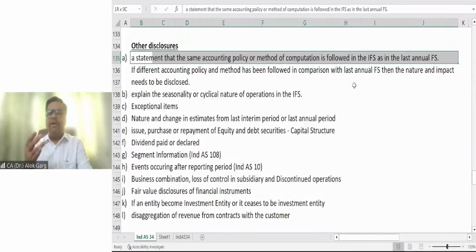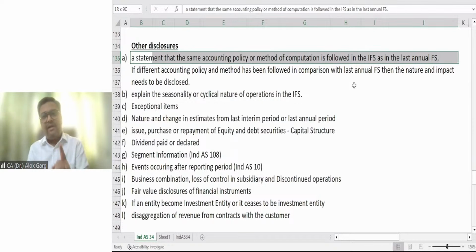You are not required to reproduce or repeat the 10-pager accounting policy in your notes to accounts, in your interim financial statement as well, right? But you need to write a fact that the same accounting policy or method of computation is followed in the interim financial statement as we have followed in the last annual financial statement.